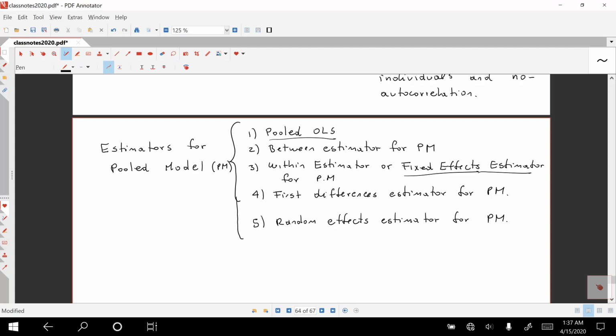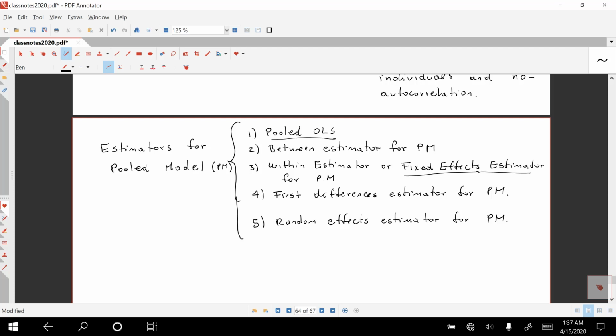Okay, so today, we talked about this introduction of panel data models, the main model structures, and we started to talk about the pooled model in detail, the assumptions for the errors, and then I have listed the 5 estimators that we're going to be using for the pooled model. As you can see later on, these estimators are very straightforward.